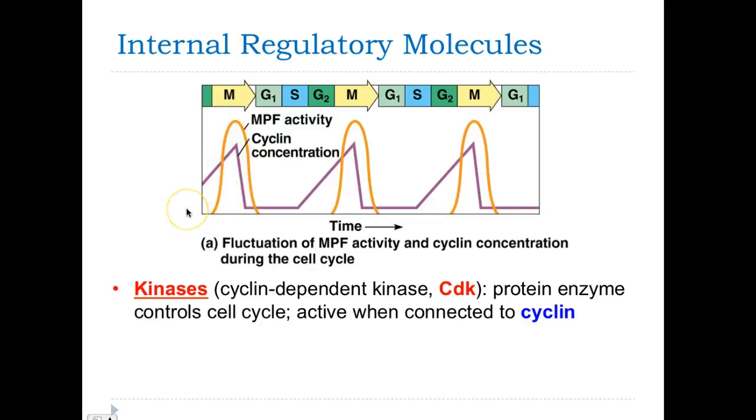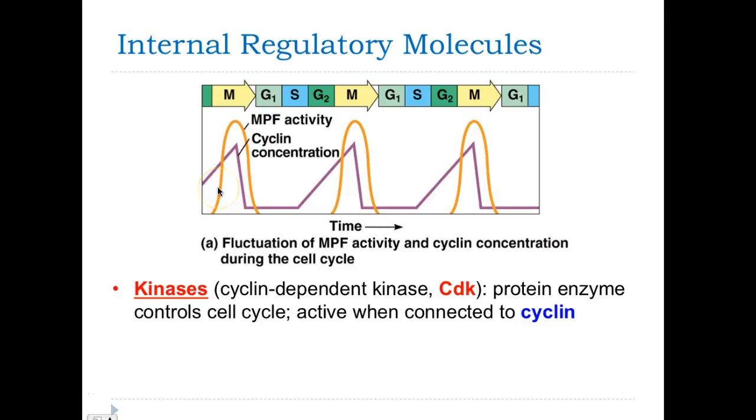So during the M phase, you could see that the MPF activity is going to increase, cyclin concentration will decrease as we enter into interphase, and then during M phase they both decrease again, increase again, and then as we come out of M phase, it starts to decrease, and we are at low levels during interphase.